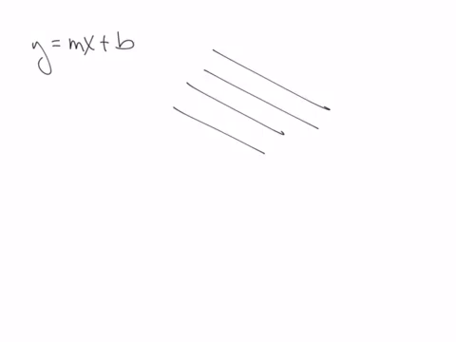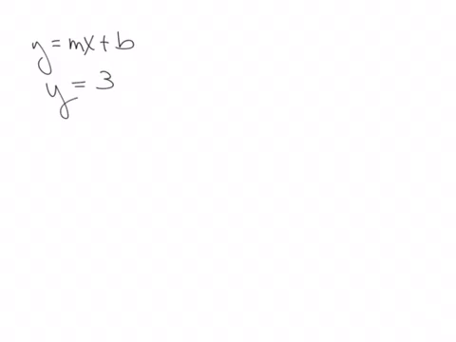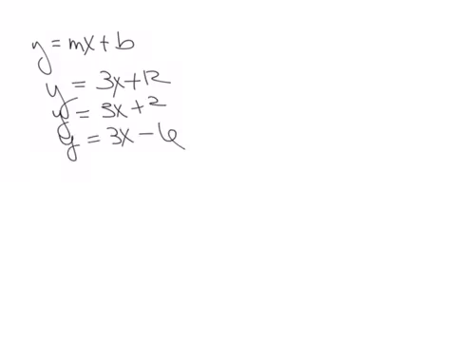Because if I give you an equation like y equals 3x plus 12, and I give you another one and a third one, what do you know? You know that each one of these lines crosses the y line at those 3 points, and the slopes are all 3. That means that they're parallel to each other because they all have the same slope.